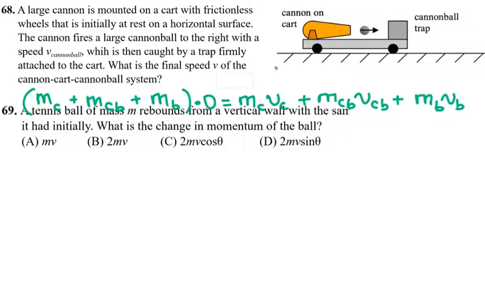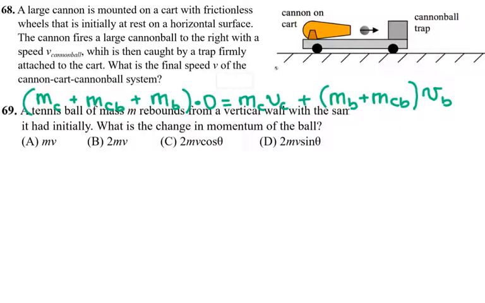But because the cannonball is caught by the block, I can combine these together, and I will say their momentum, so the mass of the block and the mass of the cannonball together, and their velocity, let's call it block velocity. And because they say the large cannon is mounted on the cart with frictionless wheels, the wheels are frictionless, but the cannon is mounted to the cart.